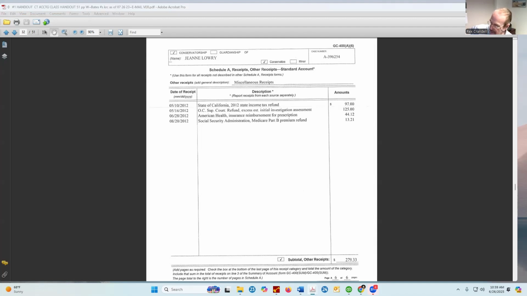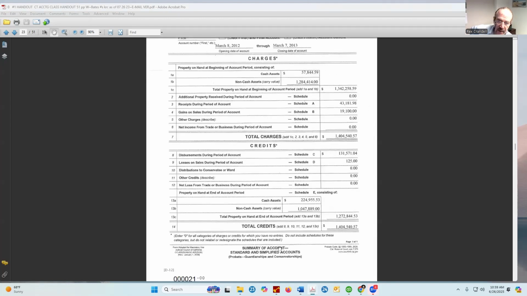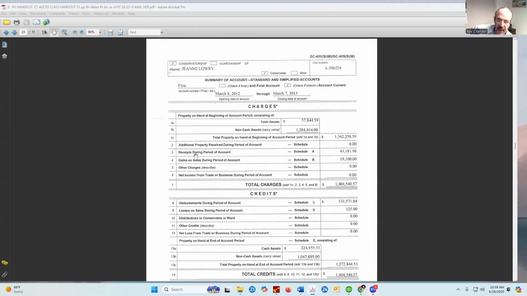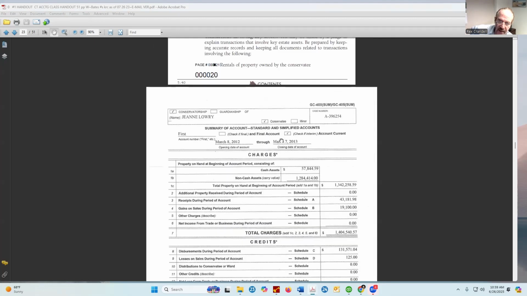Then we need to go back to the GC 400 sum on page 21 and list on line 3, Schedule A, all the income that came in during the property. Then we also show the gain on the sale of the house. And at that point, we have exhausted the required posting items, transactions for the charges.